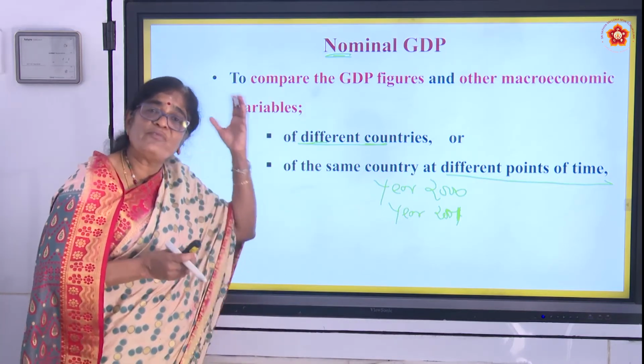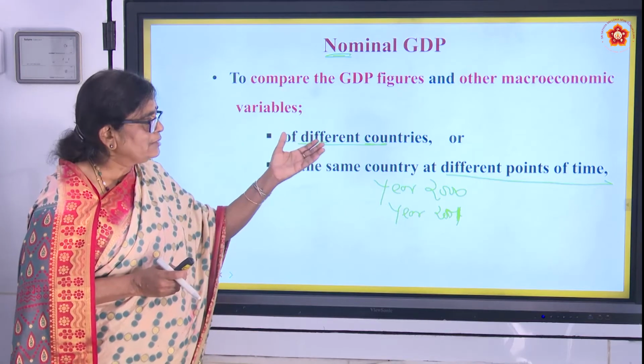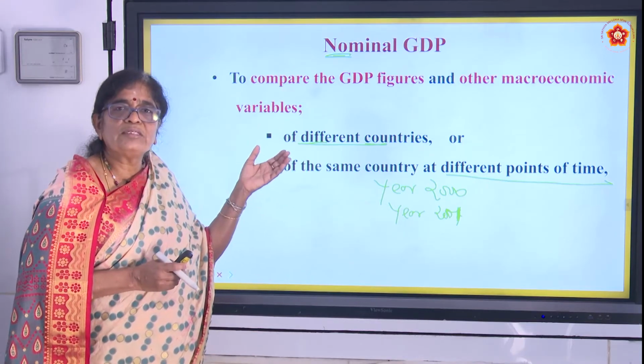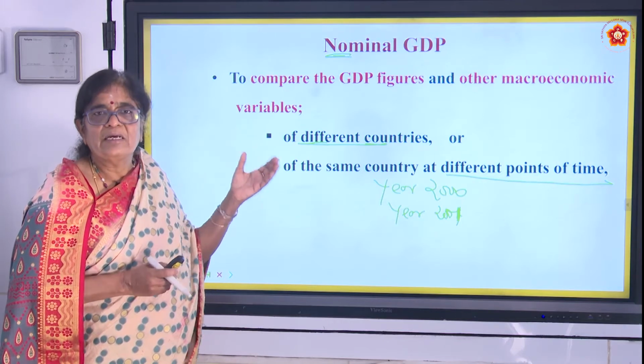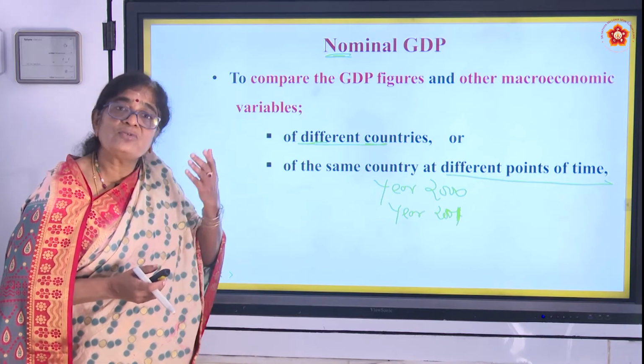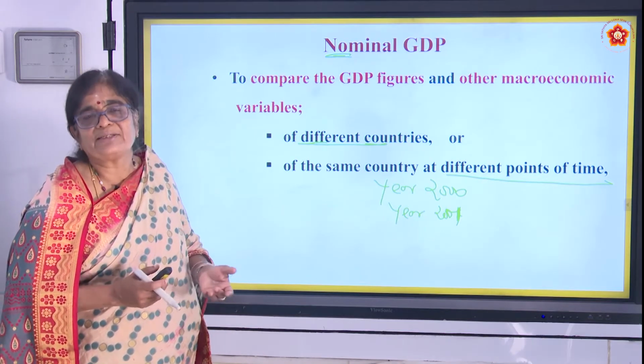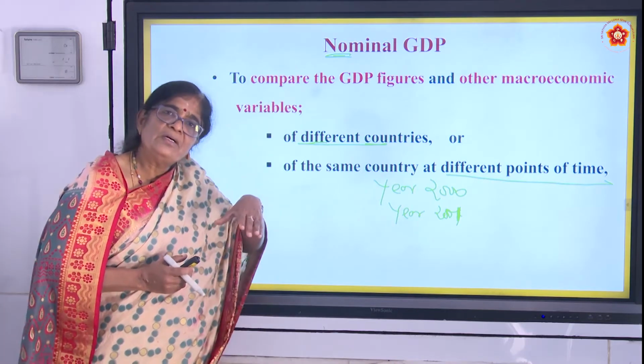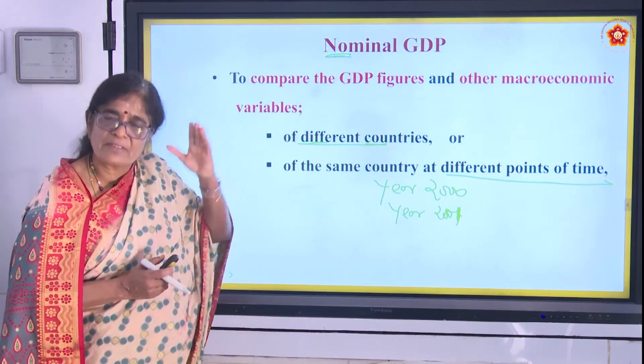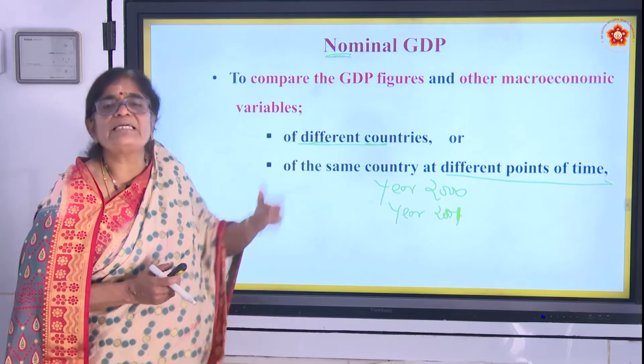Sometimes production has gone up very much. Last year, it was only 20,000 tons of wheat. This time it might have gone to 40,000 tons of wheat. But the price has come down this year to half the price of last year.